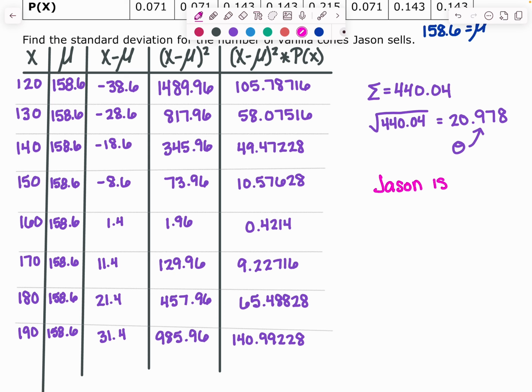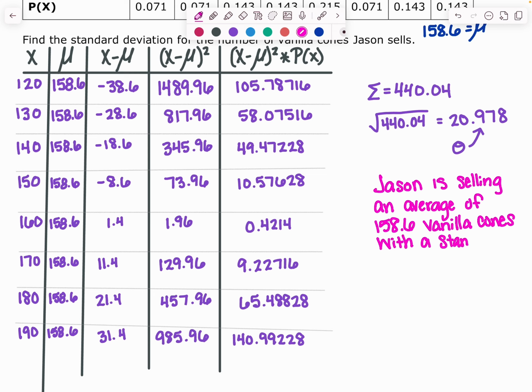So Jason is selling an average of 158.6 vanilla cones with a standard deviation of 20.978 cones.